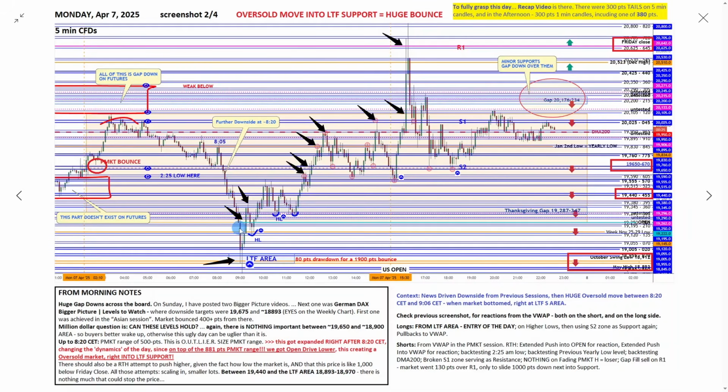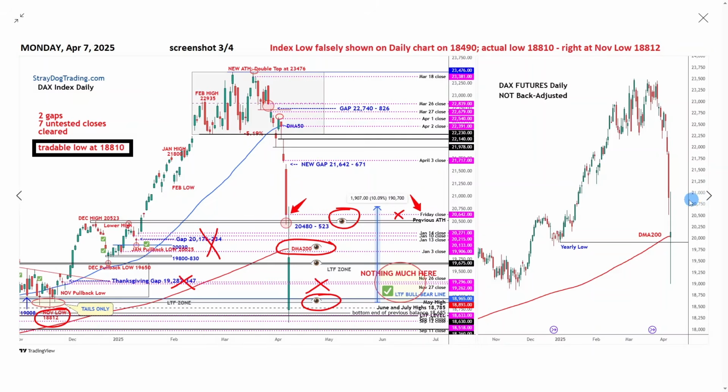But this is important here. This was the opening candle, and you see that they went down, pullback, and made a lower low around 9:10. That was the index low, but that was 18,810, not 18,490. That's the point. Tradable low 18,810 once again.